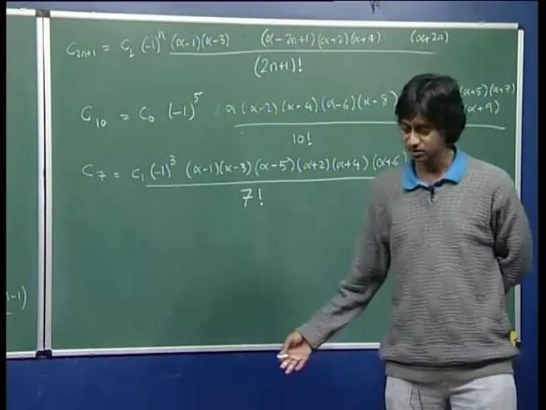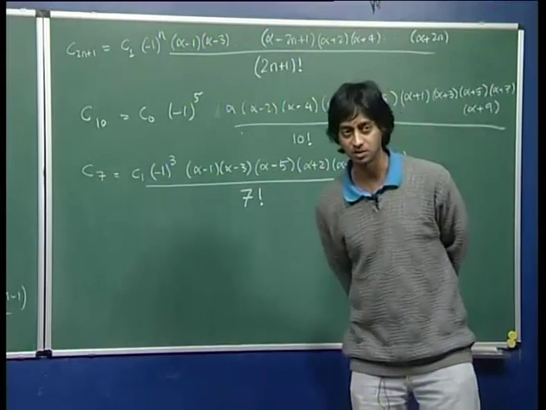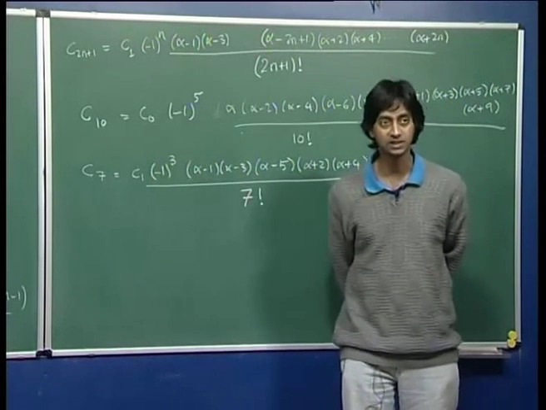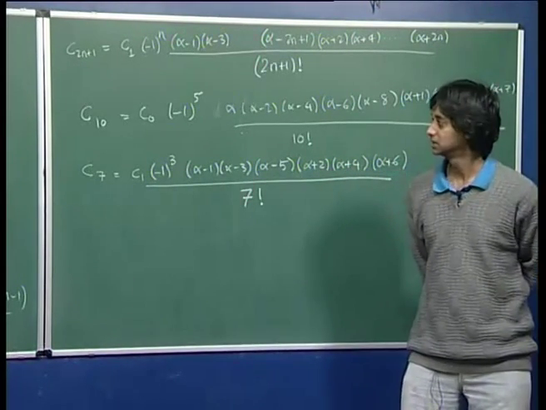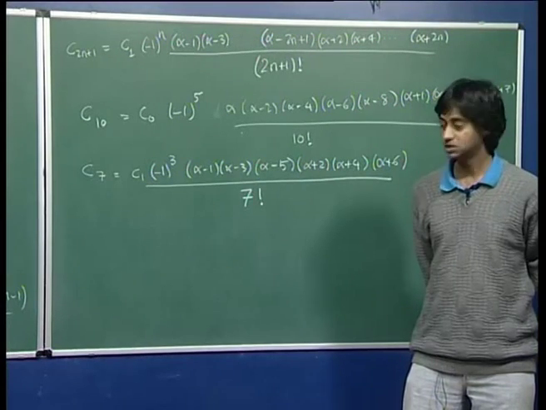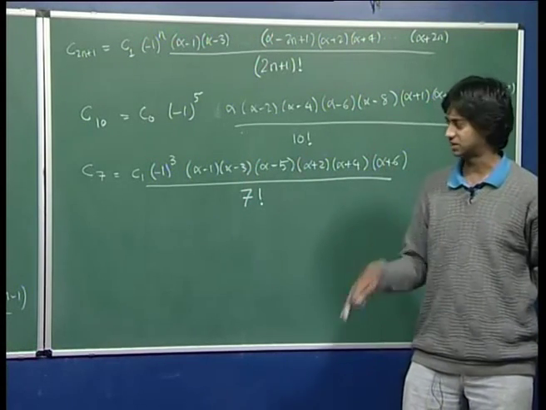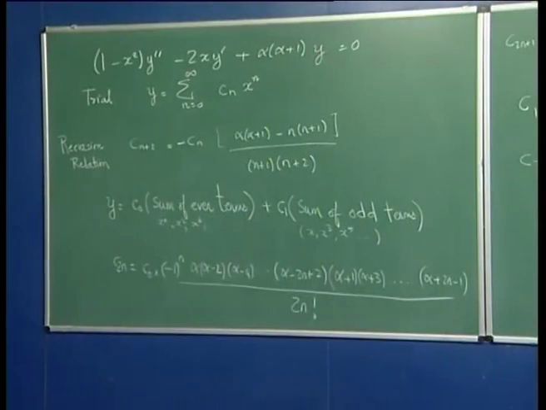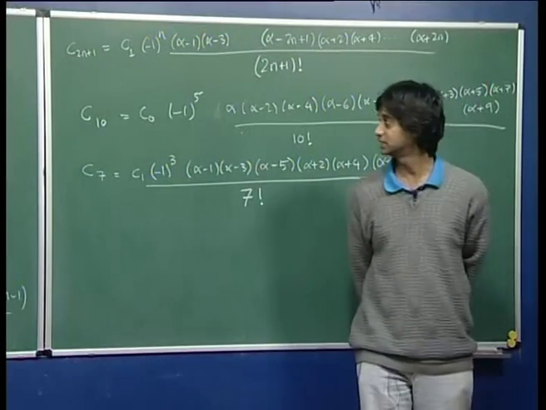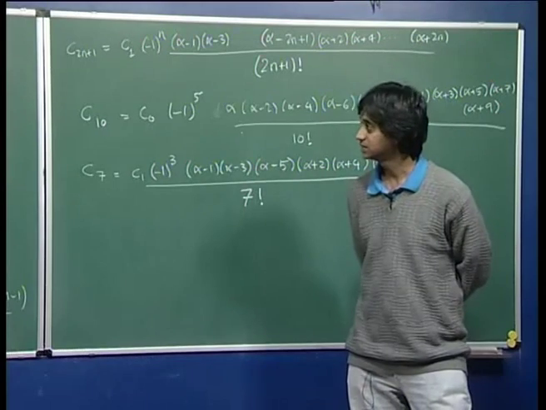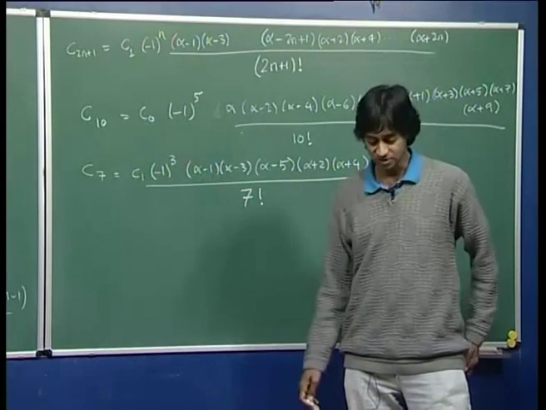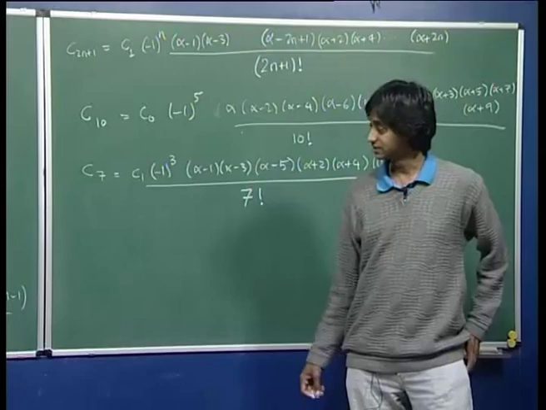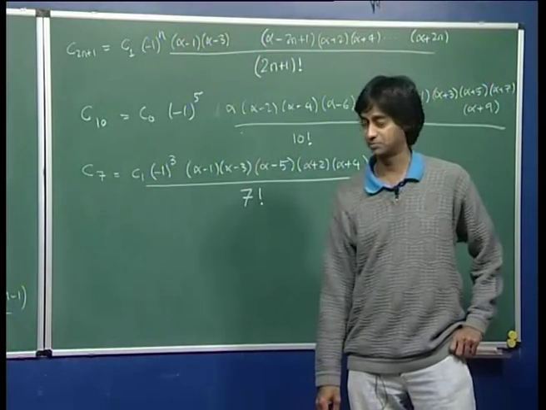And so in quantum mechanics courses, it appears when you are solving for the angular parts of the wave function for any spherically symmetric system. So, for example, if you are solving for the hydrogen atom, and you are solving for the angular part of the wave function, then the Legendre polynomials appear and the Legendre differential equation appears.